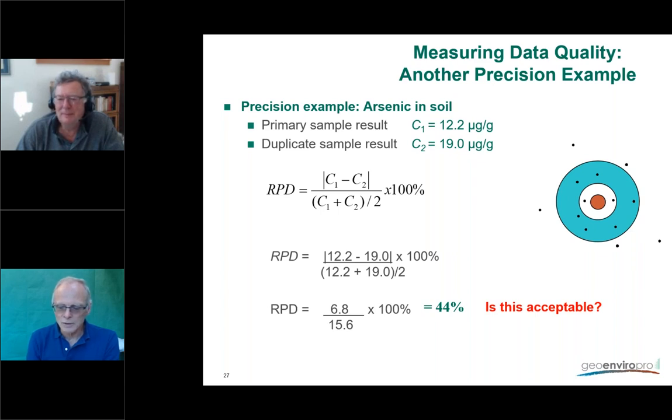Yeah, but that's what you brought up in terms of pooling the data. It always helps when you have a site with more data. If you have, I would say, more than 10 duplicates for a site where you're investigating a particular soil unit, then you have enough data, and you can look at the other duplicates and see what pattern you see in terms of the relative percent difference.